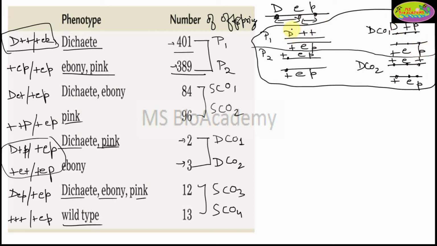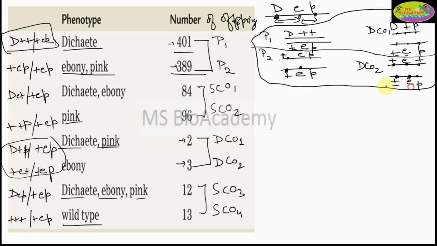See which one? See, this D plus is coming together, and down here also plus E is coming together, right? But what about the plus and P? They are not. Similarly in the next parent, plus E is similar in the double crossover, plus E, right?